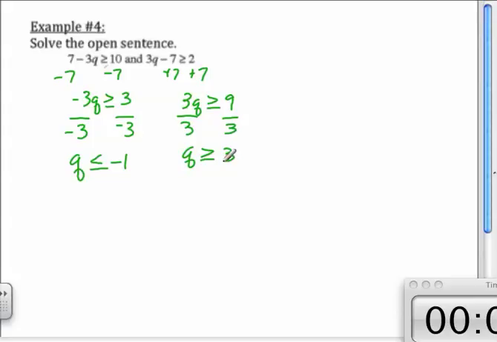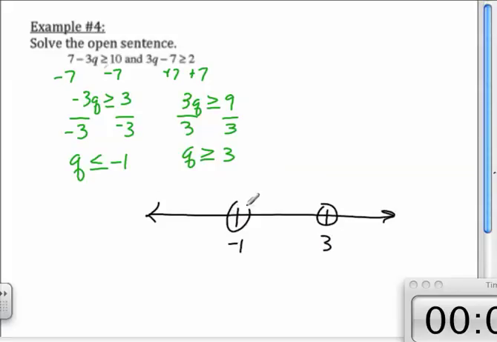Now guys, I kind of have to look at this to see what the values of Q can be. For this first one, the critical number is negative 1, this one's 3. The numbers that solve the first one are negative 1, so I'm going to circle it in, and all the numbers less.